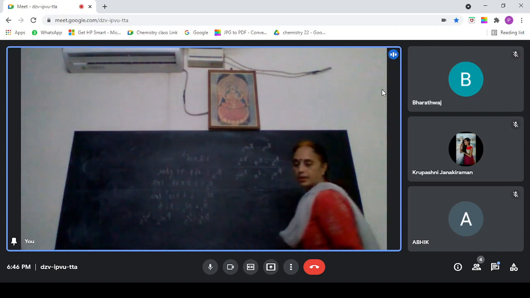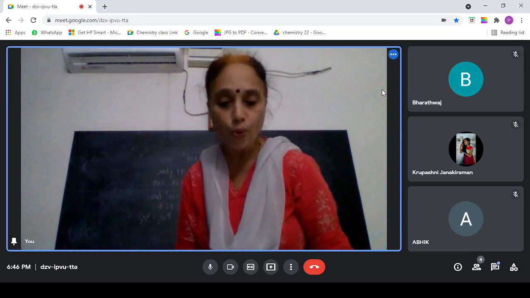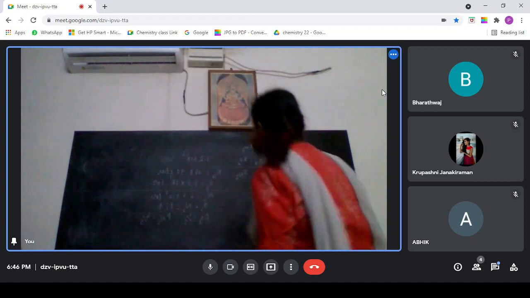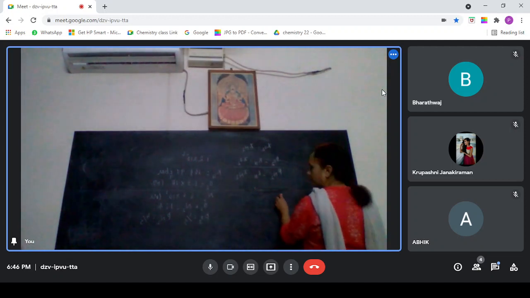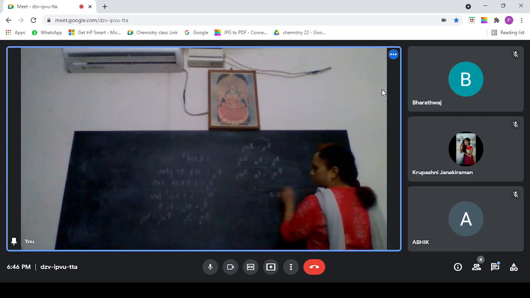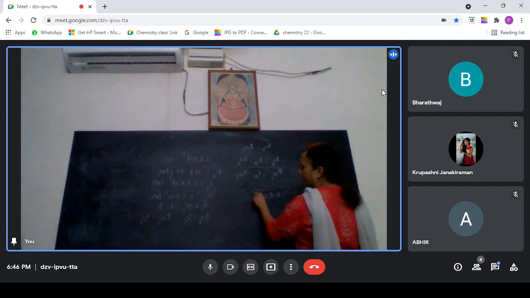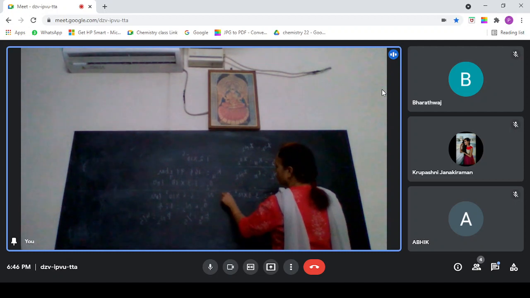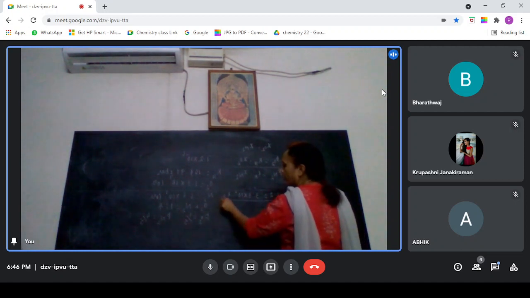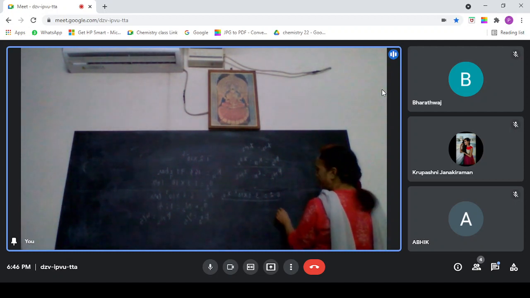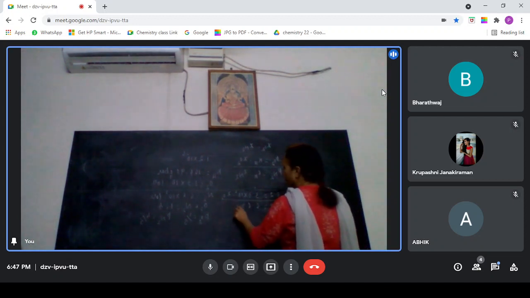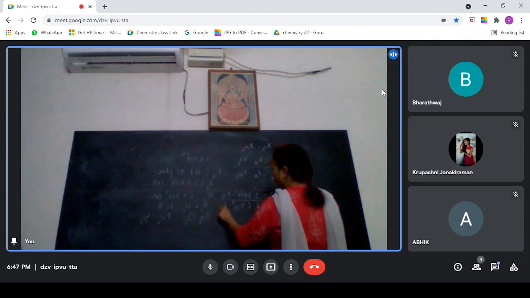Partial pressure of oxygen is 1/5, which is 0.2, equal to 3.3 into 10 to the power of 7 into x of oxygen. What is 4/5? 0.8, equal to 6.6 into 10 to the power of 7 into x of nitrogen.